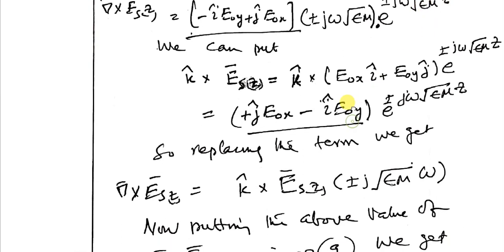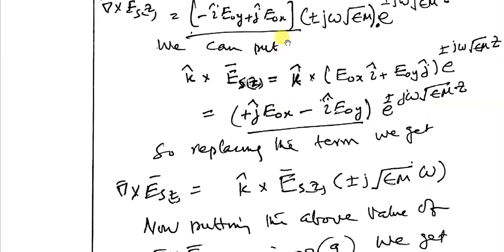So we can write this whole expression, minus i E naught y plus j E naught x, as k cross of E naught x i plus E naught y j, and if we take the cross product, we get the same result.